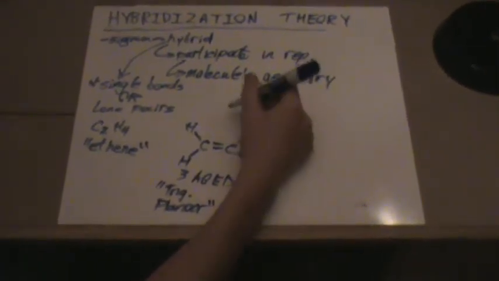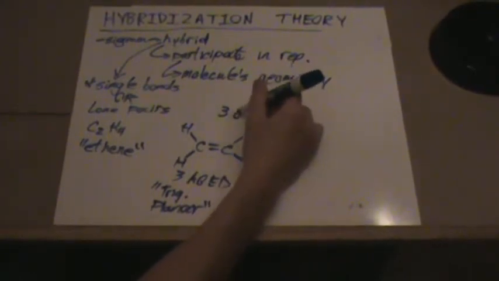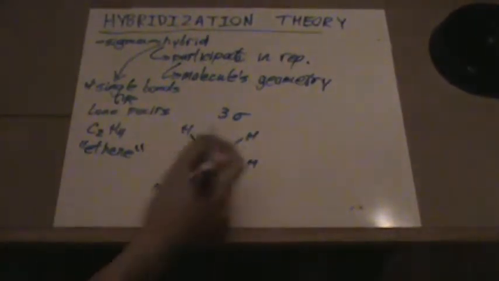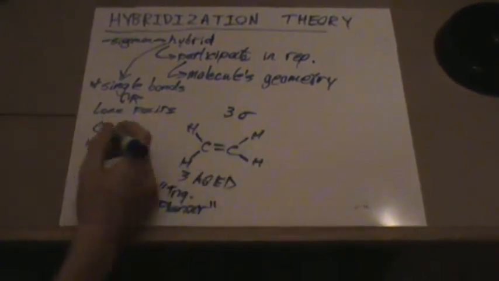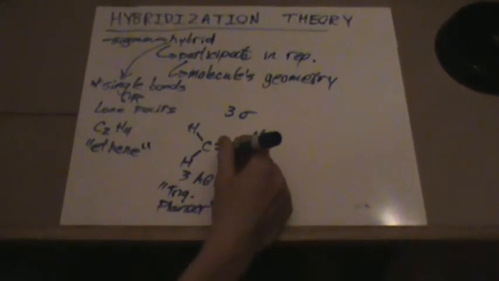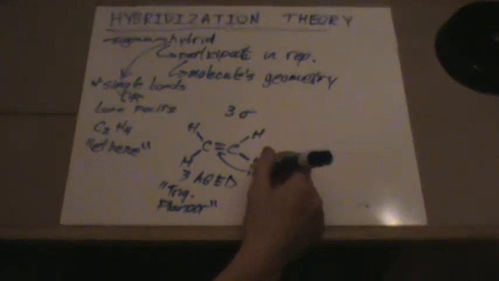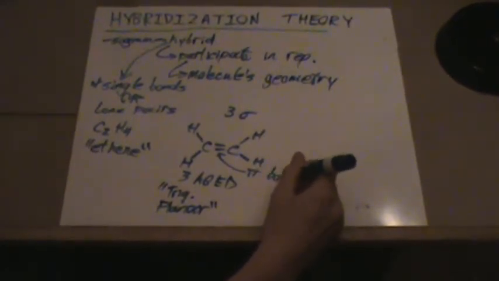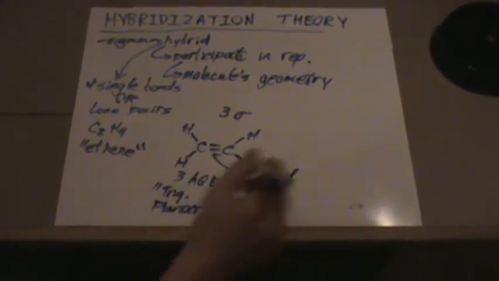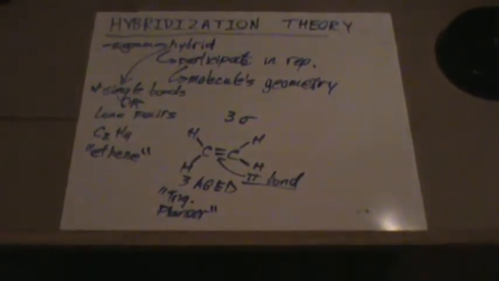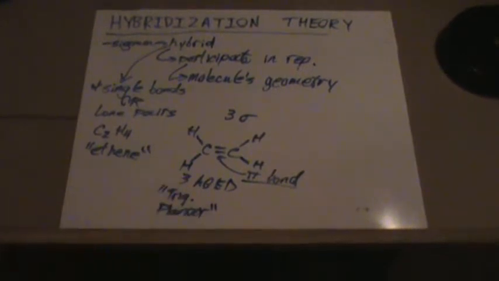And so there are three sigma bonds here. But once you have the presence of this double bond, you get the pi bond. And this is exactly how we've talked about it before, that the double bond is represented by a pi bond.